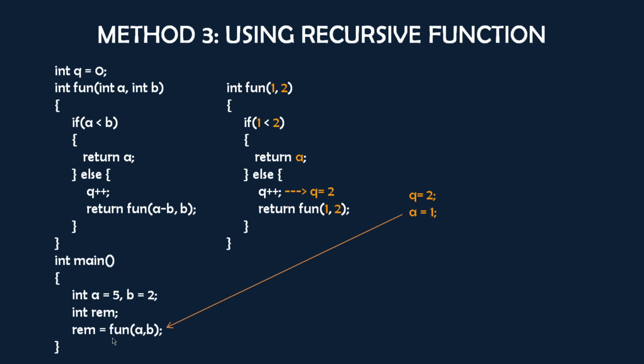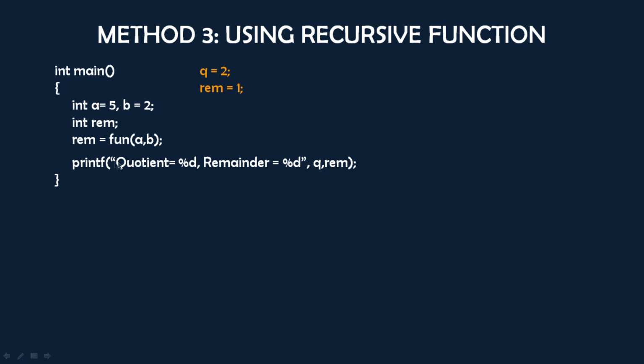And the value of A will now be stored in the remainder variable. So our remainder is equal to 1. So we have the value of Q equal to 2, and our remainder is 1. And then in our main function, we are going to print these two data, and this will be the output.